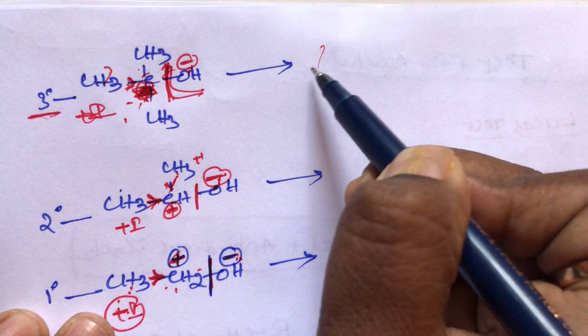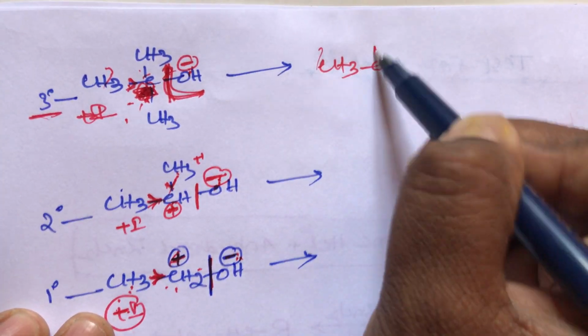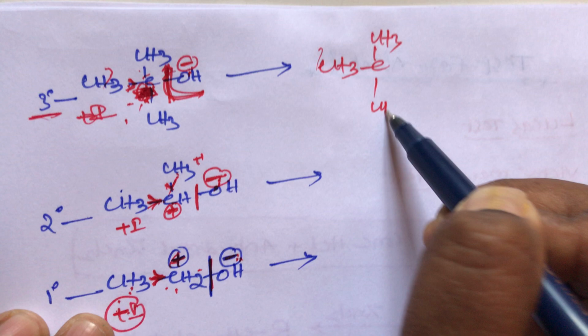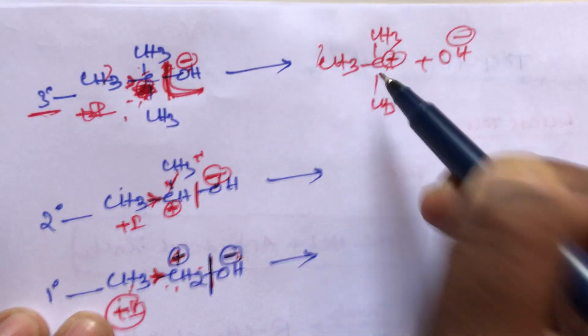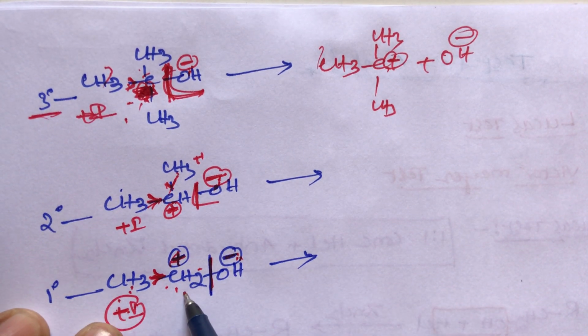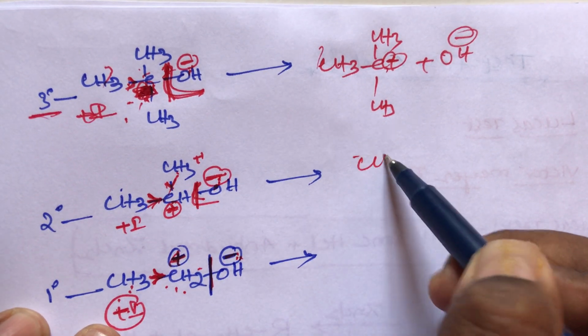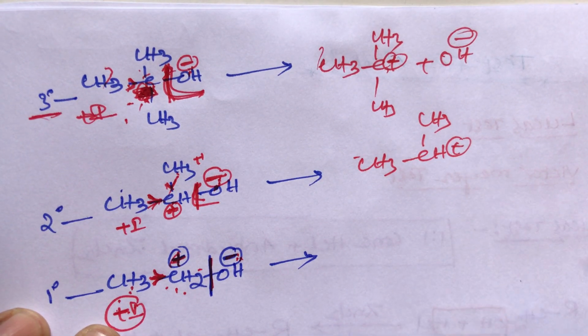So bond cleavage occurs easily in tertiary alcohol, so it is more stable: CH3, then CH3, this positive charge, this is plus, and OH leaves, and a tertiary carbocation is formed. Then the second one, the secondary alcohol, compared to primary alcohol, is also easily bond breaking, giving a secondary carbocation.